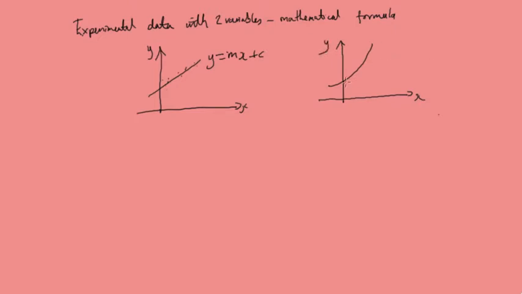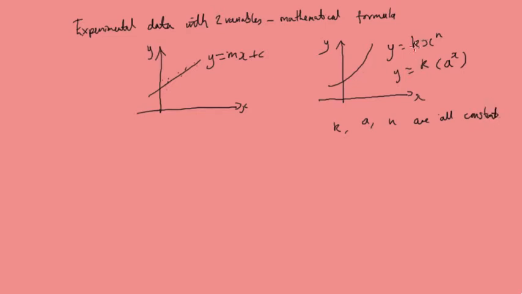We end up with a line which has a general formula more like y equals k times x to the power n, or y equals k a to the power x, where k, a, and n are all constants.